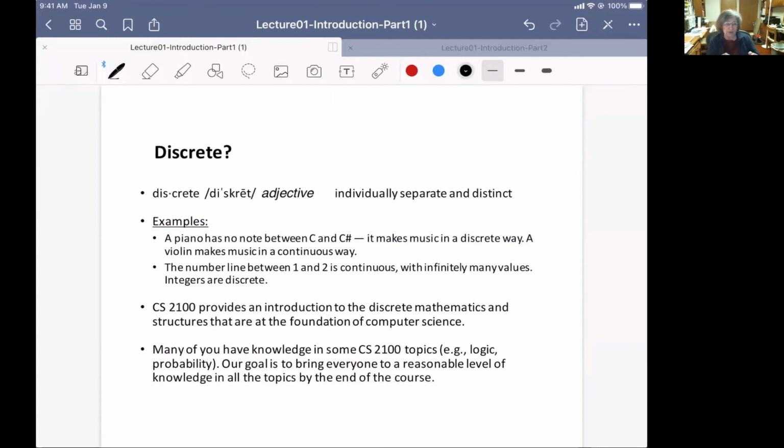Now, because of the way computers work, we have to do distinct computations. But there are many problems that lend themselves to looking at discrete computations versus continuous ones. And CS2100 provides an introduction to the discrete mathematics and structures that are the foundation for computer science.